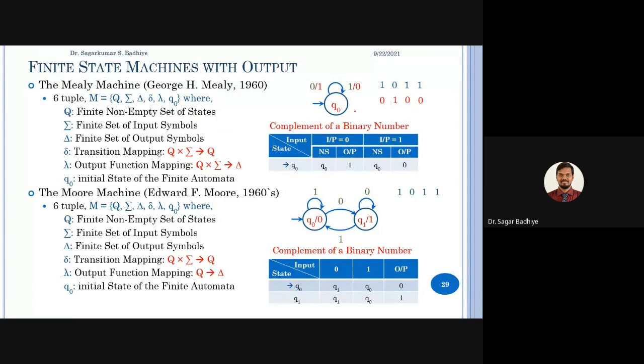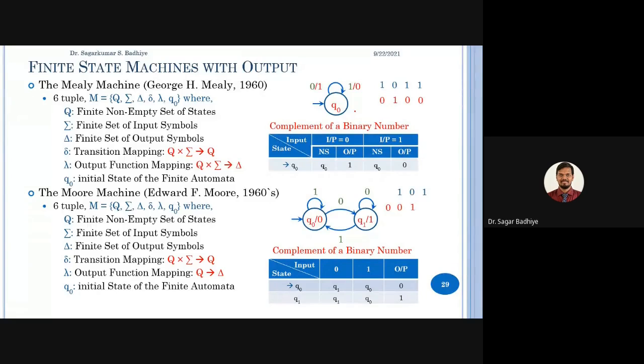Similarly for Moore machine, in Q0 already the output produced is 0 without reading anything. In Q0, when I read 1, I stay in Q0 and the output produced is 0. When in Q0 I get 0, I transit to Q1 and produce an output 1.